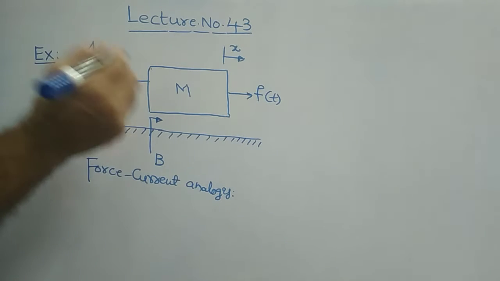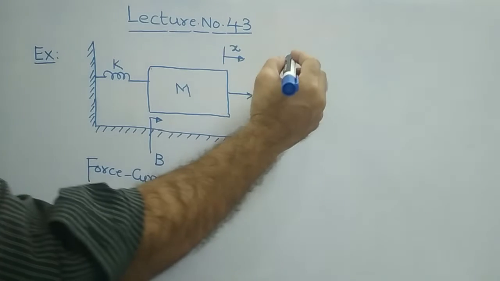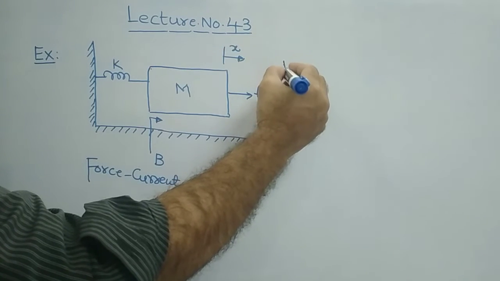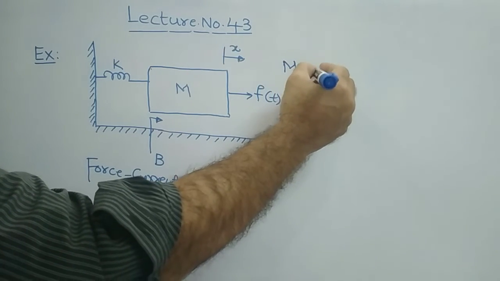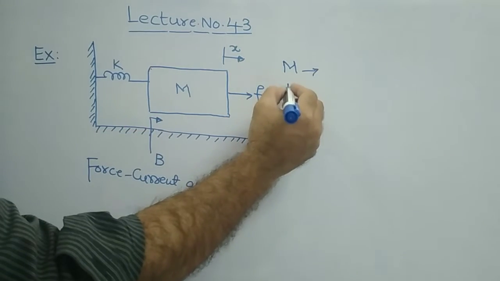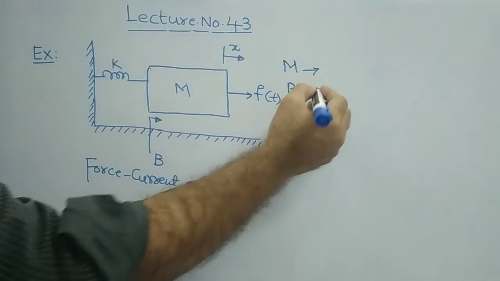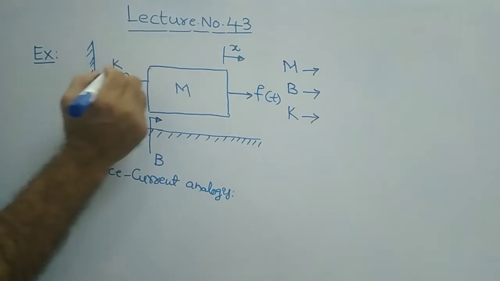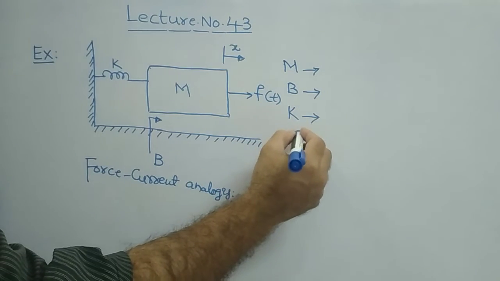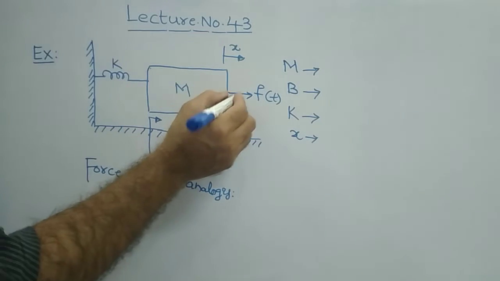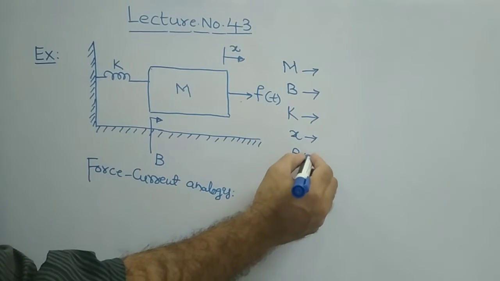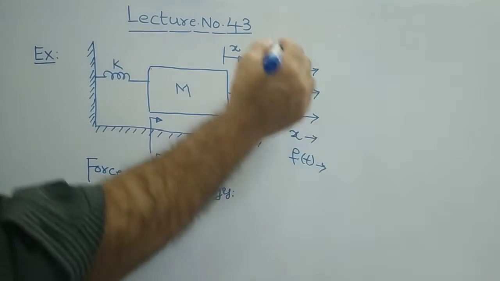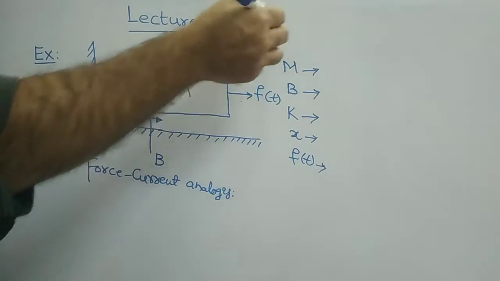So what are the elements that you can see here? Basically you have the mass element M, the friction coefficient B, the spring constant K, the displacement X, and the applied force F of t. These are the basic mechanical elements we have.